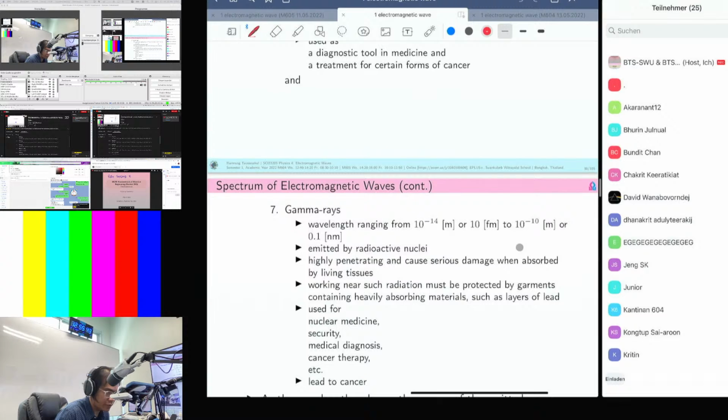The maximum wavelength is 10 to the -10, or 0.1 nanometer, which is very small, less than visible light.